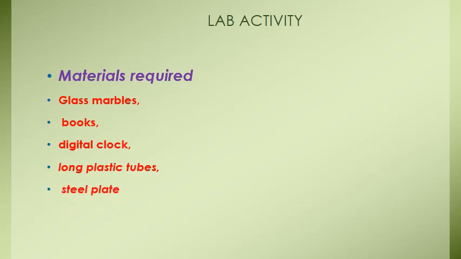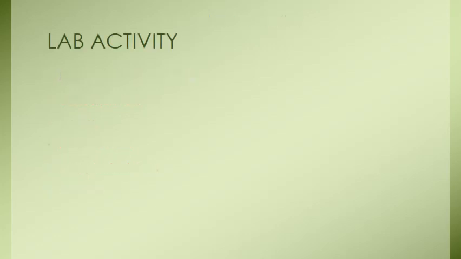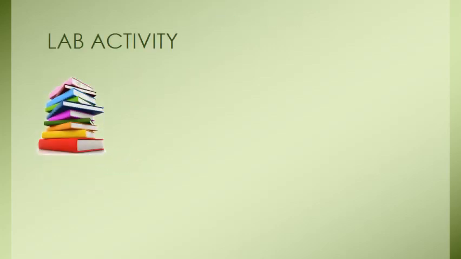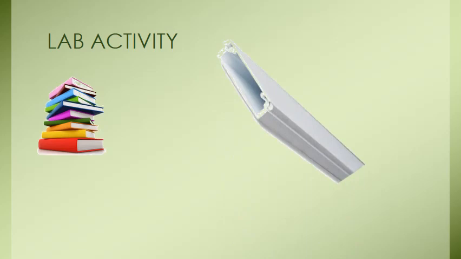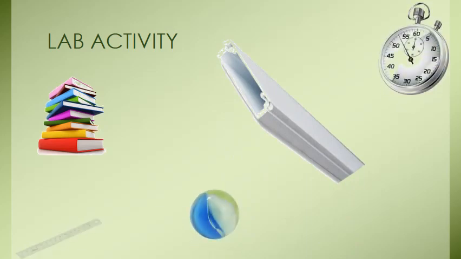Instead of steel plate, you can also take the iron scale. Stack of books, marbles, digital clock, and metallic scale. These are the materials required to do this activity. It's a very simple one.